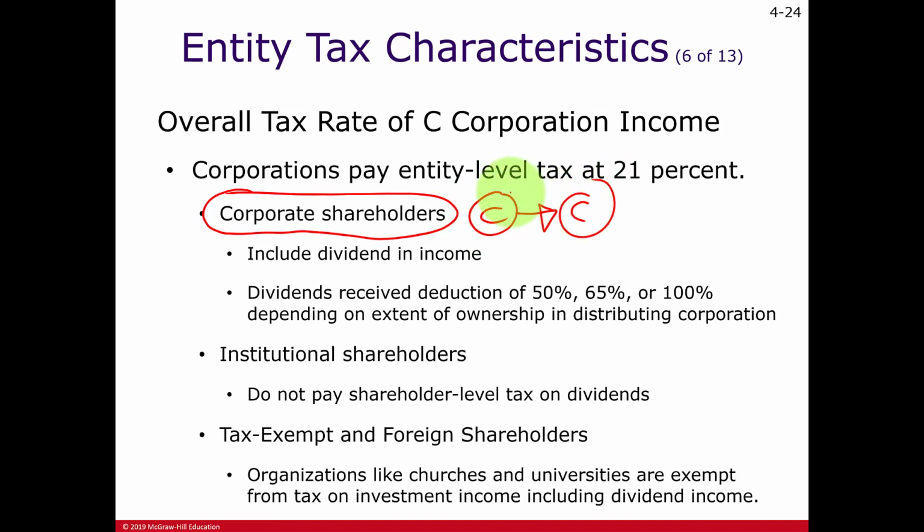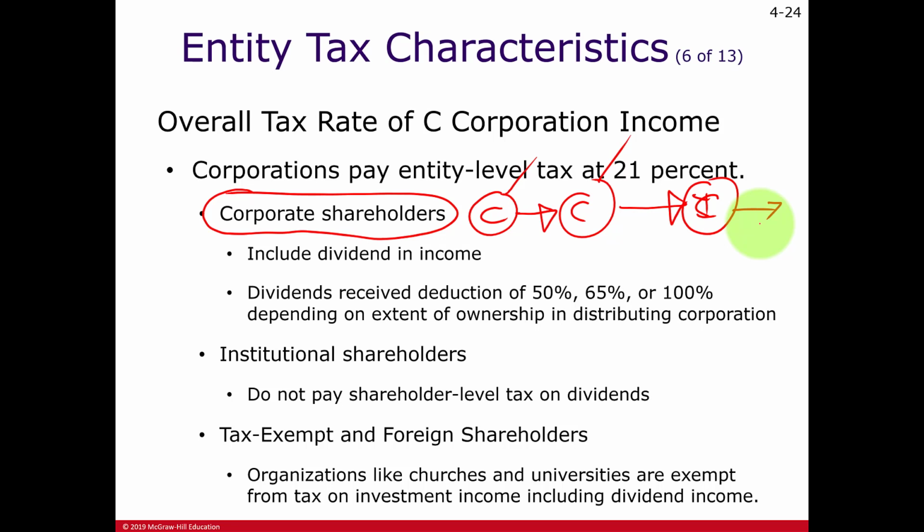So the income is taxed here and here again. And when it pays out the dividend to, let's say, an individual, now that individual is going to pay either 0, 15, or 20% plus possibly that net investment income tax. In fact, if this continues down, you could eventually tax and tax and tax forever.